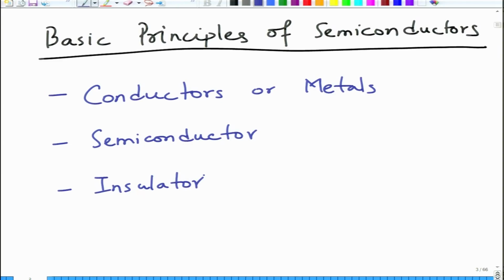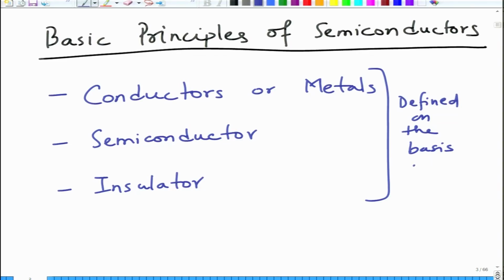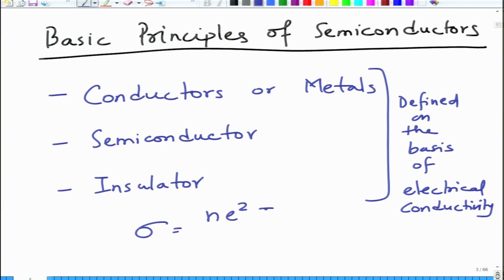Okay. And the property which defines this distinction is basically electrical conductivity, which is written as sigma is equal to n e square tau divided by m, where n is the carrier concentration, e is the electronic charge, tau is the relaxation time, and m is the mass of the carrier.